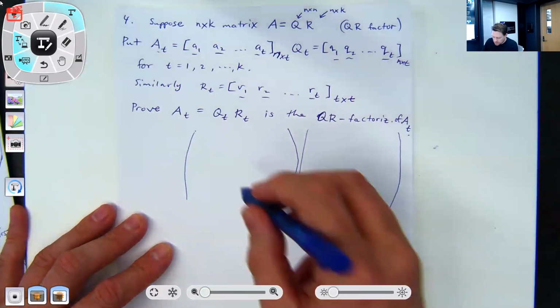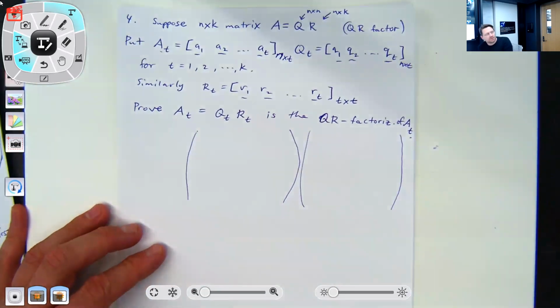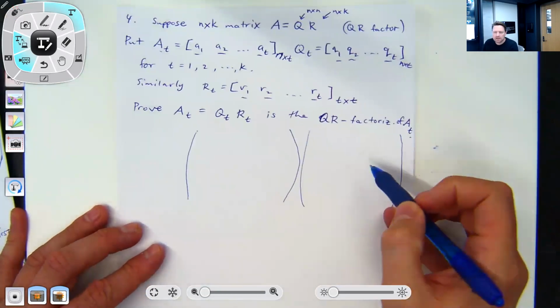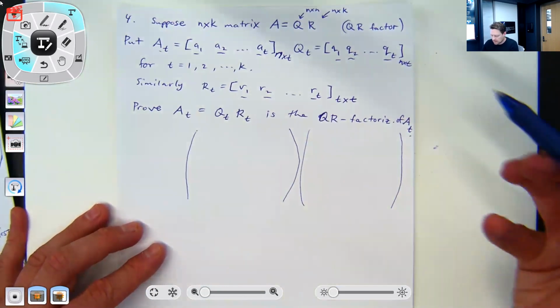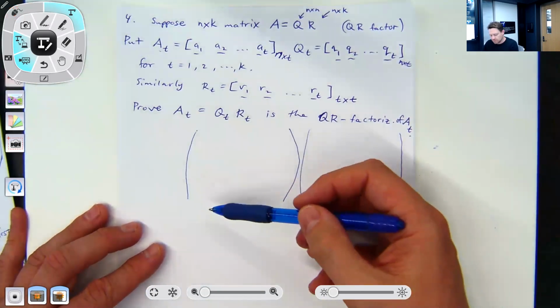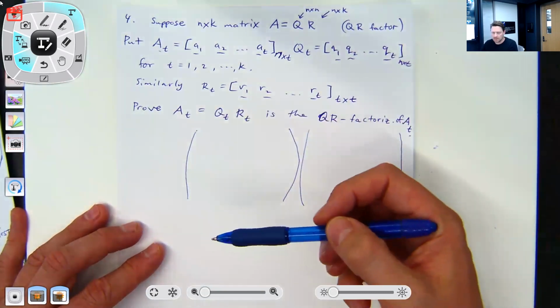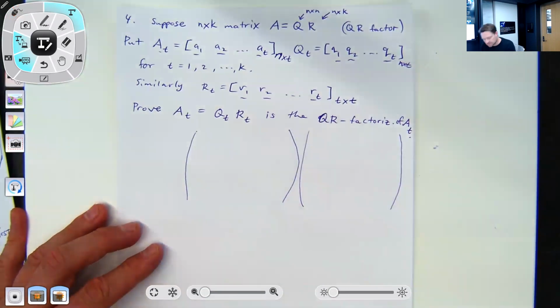Okay, so here's my Q, here's my R. But then I'm going to restrict attention, as I said earlier, to a two by two matrix in R, that would be R subscript 2, and an n by 2 matrix Q_2, right? Okay, so I'll just draw boxes around those parts.